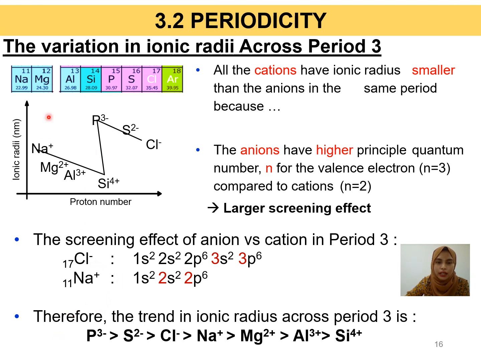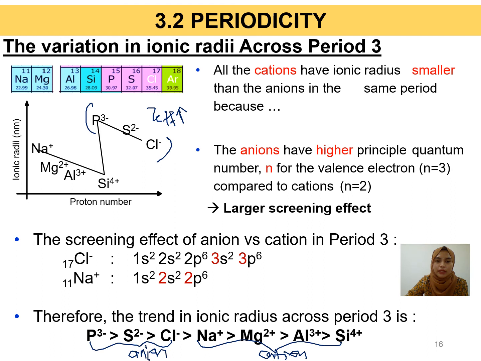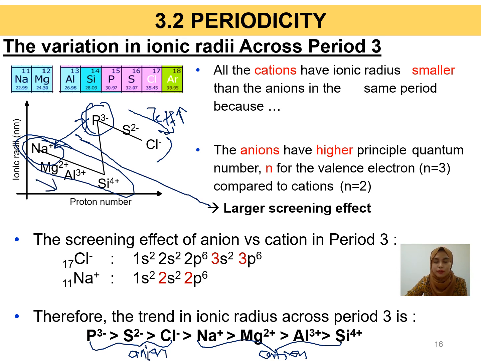But when you arrange the full trend, you have to arrange the anions first, then the cations. If you arrange the anions, you know that from P to Cl, ZF increases. Therefore from P to Cl, the size also gets smaller. But when you compare cations and anions, you can talk about the shielding effect, because P3 minus has more shells compared to Na plus. After you arrange the anions, you arrange the cations, and as the cation charge increases, the species gets smaller.